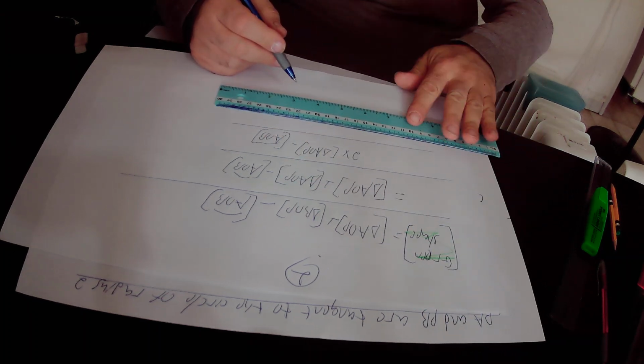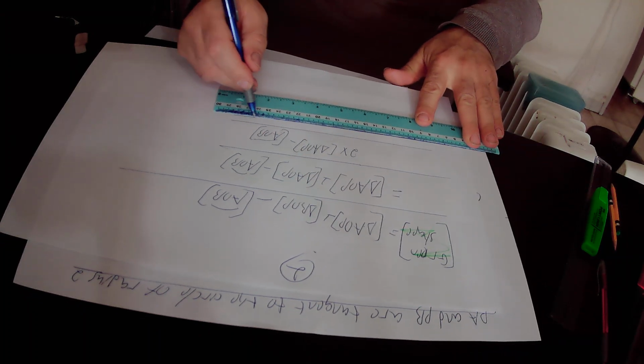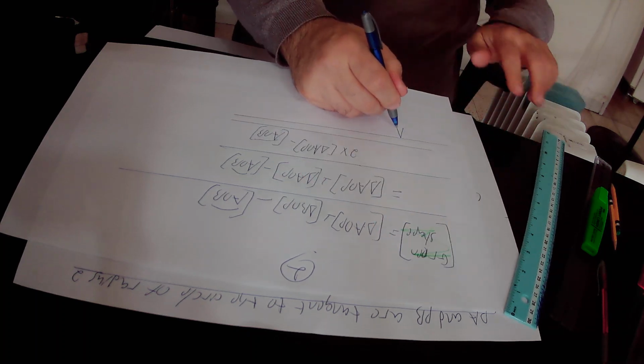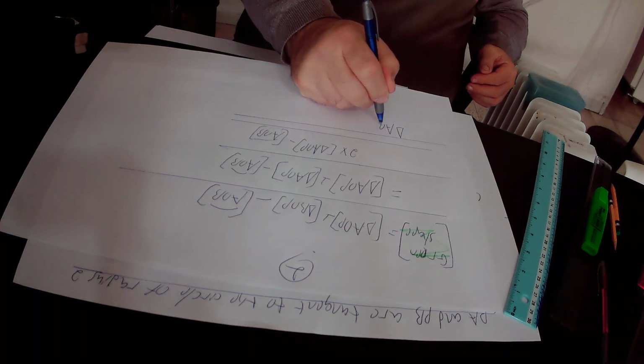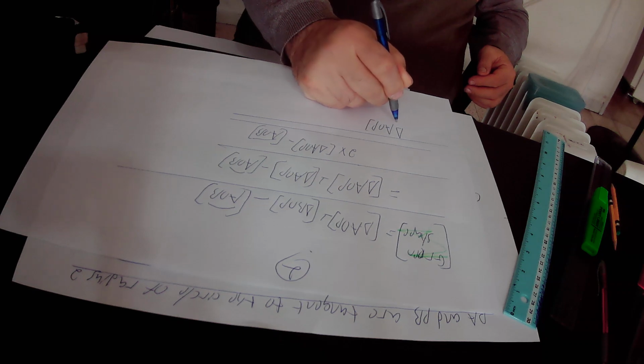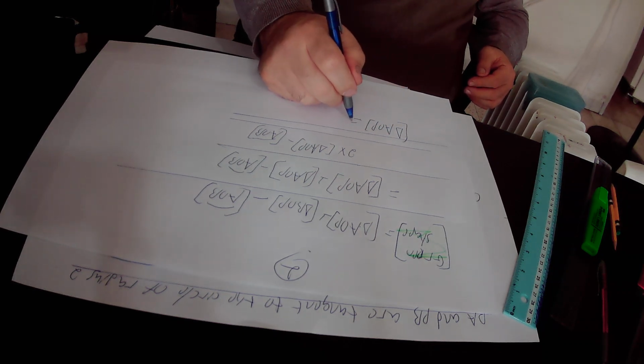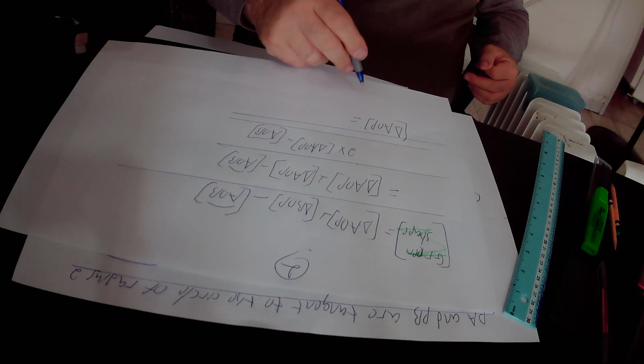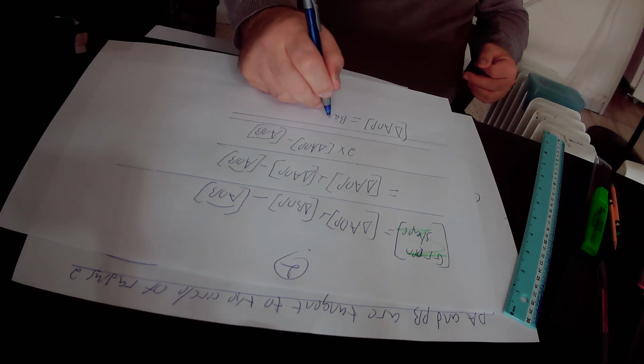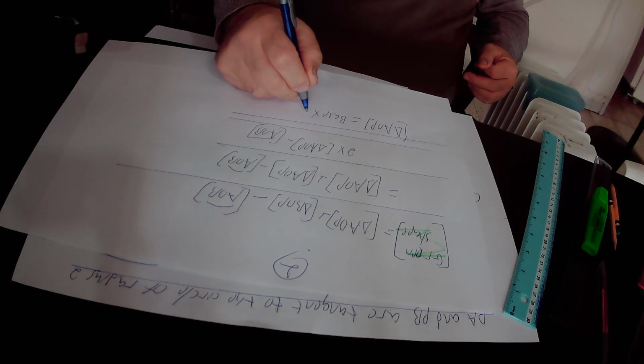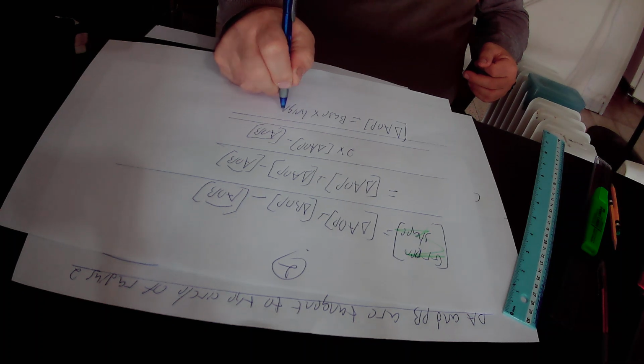So what is the area of the right upper triangle AOP? We know that the area of any triangle equals the base of the triangle times the height to the base over 2.